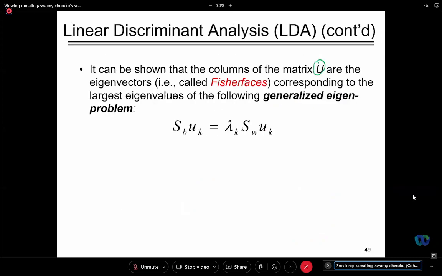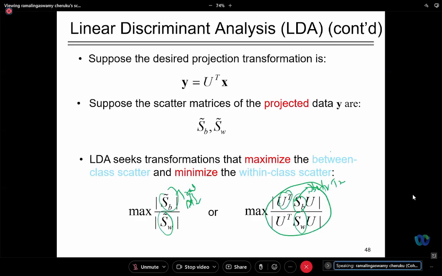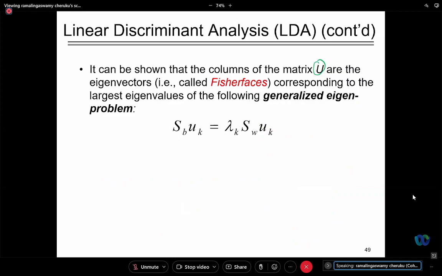Now, it can be shown that the columns of the matrix U are the eigenvectors, and they correspond to the largest eigenvalues of the following generalized eigenproblem. In the earlier case we had the determinant of sigma x minus lambda I equal to 0, and we solved this characteristic equation to get the lambda values.